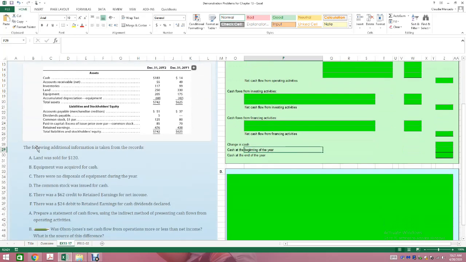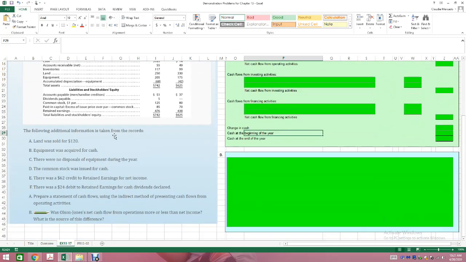Now it says the following additional information is taken from the records. Land was sold for $120. Equipment was acquired for cash. There were no disposals of equipment during the year. The common stock was issued for cash. There was a $62 credit to retained earnings for net income.